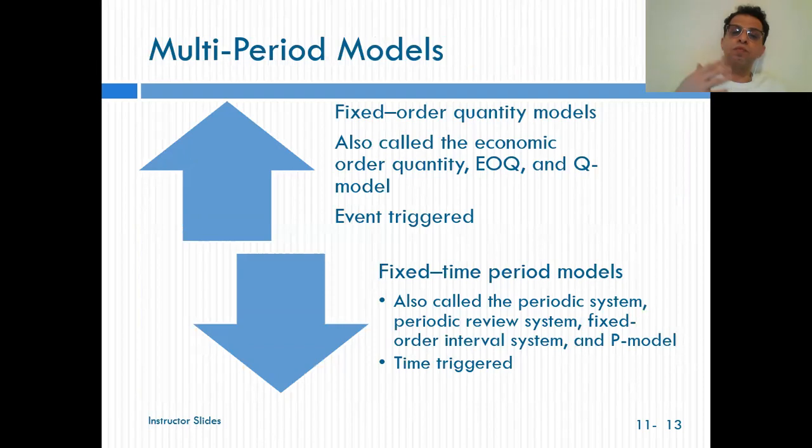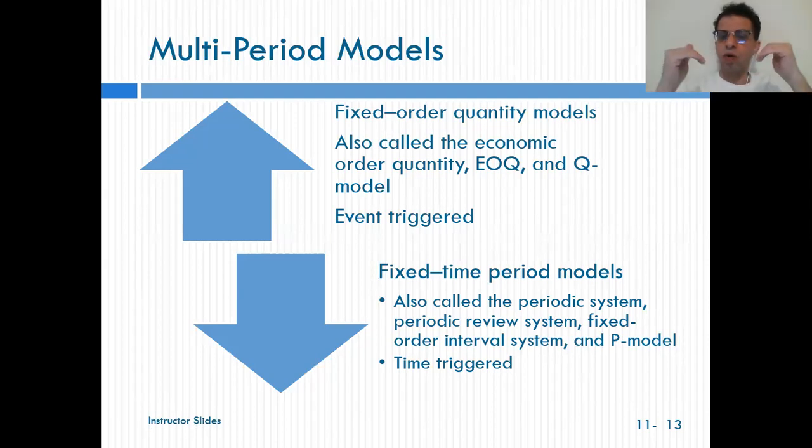In the multi-period models, there are fixed order quantity models, also called the economic order quantity or EOQ, or the Q models, which are event triggered, as we said, football, the World Cup, an event.